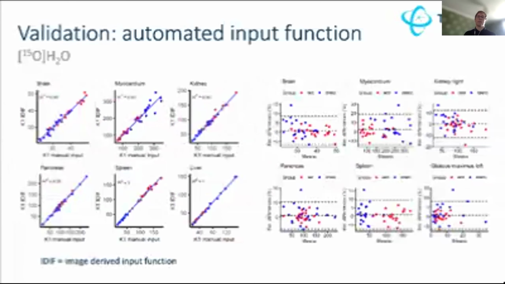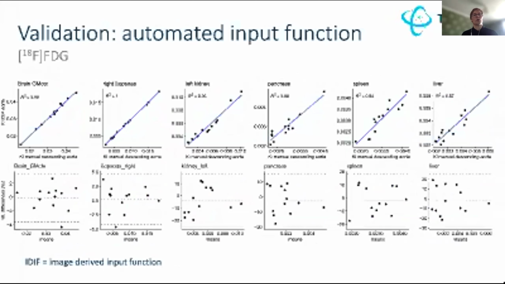The correlation between the modeling results of manual and automated input function is actually nearly perfect in radio water data, and moreover, the Bland-Altman plots show no significant differences between the manual and automated inputs, which demonstrates that the automated approach is very similar to the manual approach.